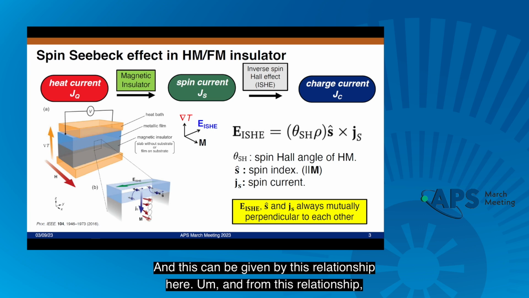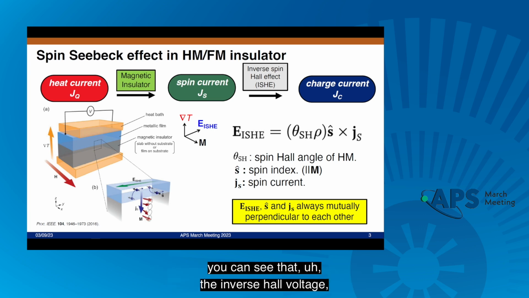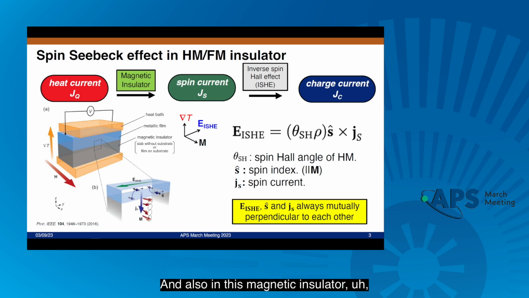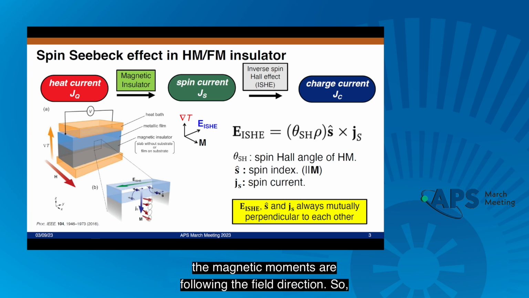From this relationship, you can see that the inverse spin Hall voltage, the spin polarization index, which is parallel to the magnetization, and the spin current direction are mutually perpendicular to each other. And also, in this magnetic insulator, the magnetic moments follow the field direction.